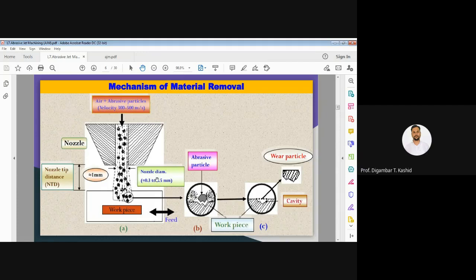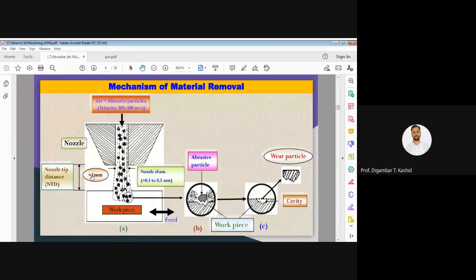So whatever statistics I am explaining here, I have taken from that book only. So the nozzle diameter ranges from 0.3 to 0.5 mm, and the average jet velocity ranges between 300 to 500 meters per second. Okay, and the gap between the bottom of your nozzle and the top surface of the workpiece is normally around 1 mm.